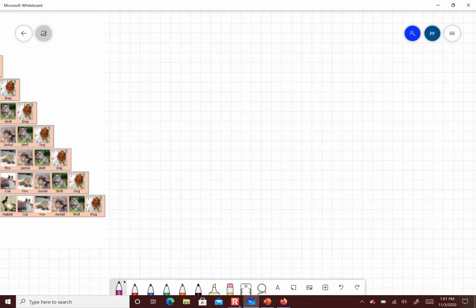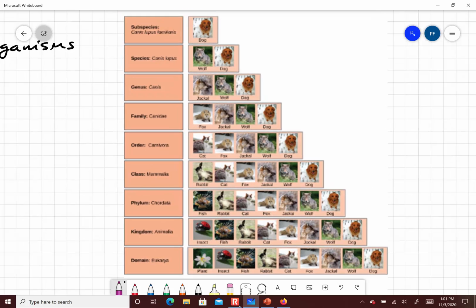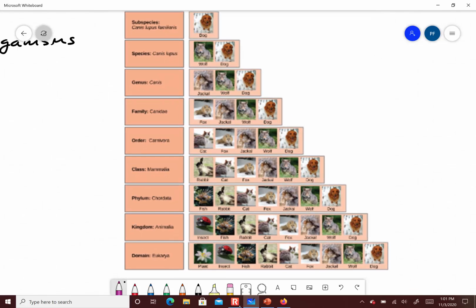All right, and then I wanted to show you this picture from the text. This has a classification. I blew this up so we can read it easier, and it made it kind of blurry. But this is a classification for a dog, just a domesticated, regular old family dog. I don't necessarily care about the names on this, but the example of more to less inclusive. So our domain is down here. Dogs are animals, which are in the domain Eukarya.